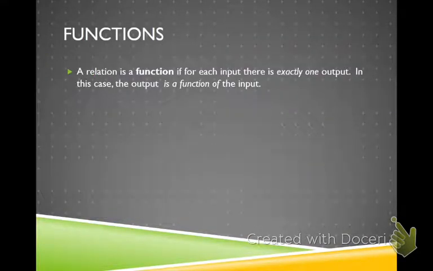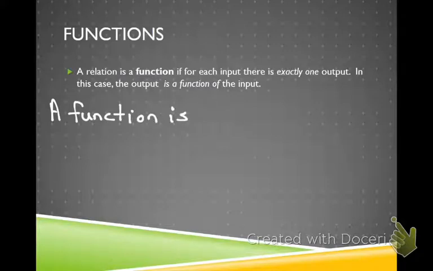All right, so let's talk about functions, okay? Relations, okay, let me backtrack. A function is always a relation, and you can write that down. A function is always a relation.